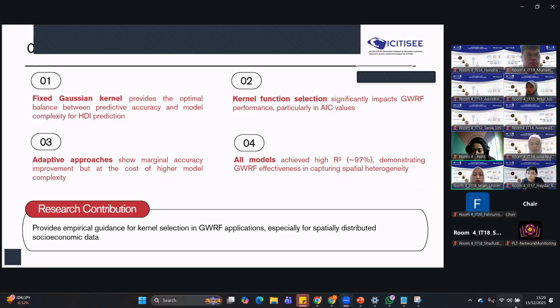Although adaptive approaches offer slight accuracy gains, they introduce higher complexity. So overall, GWRF proved effective in modeling spatial heterogeneity in socioeconomic data, and this study provides empirical guidance for kernel selection in GWRF, particularly for spatial socioeconomic data.